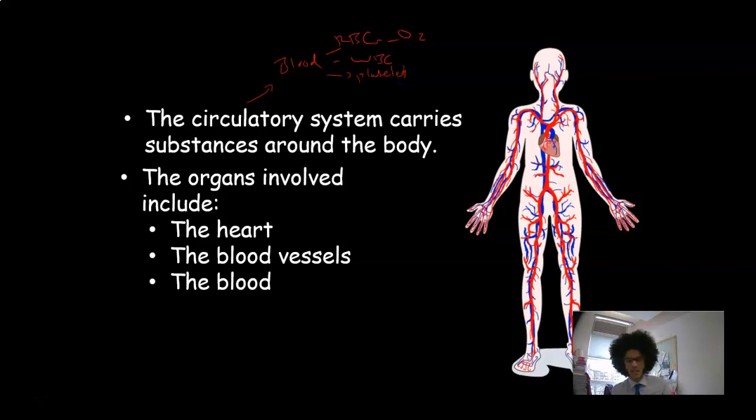Blood is carried all over the body to deliver all these things around. Now the main organs involved in the circulatory system involve the heart, which is here right in the center. You've got the different blood vessels that make up the circulatory system, and the blood itself, which flows through the blood vessels as well. Now let's talk a little bit about why it's called a double circulatory system.